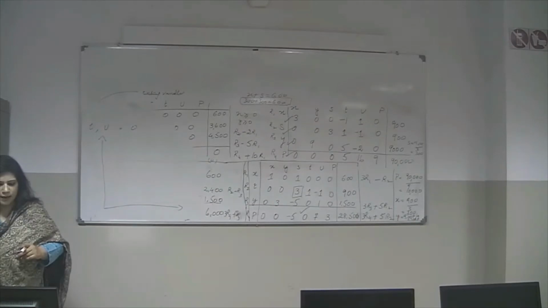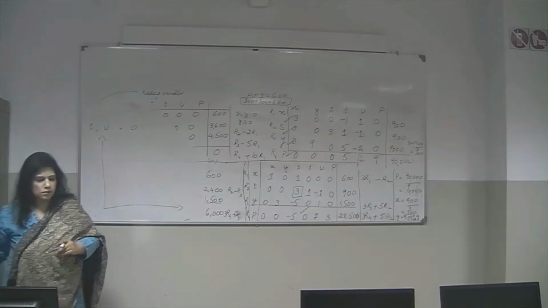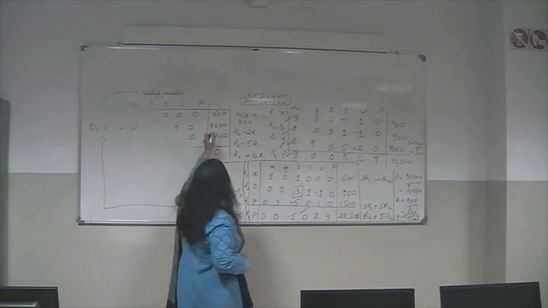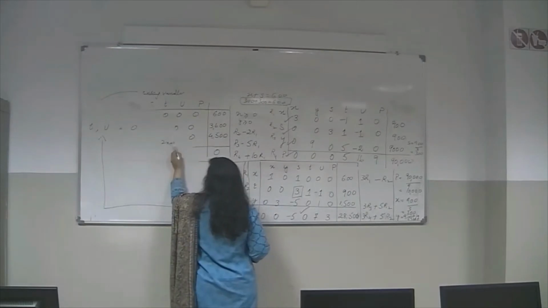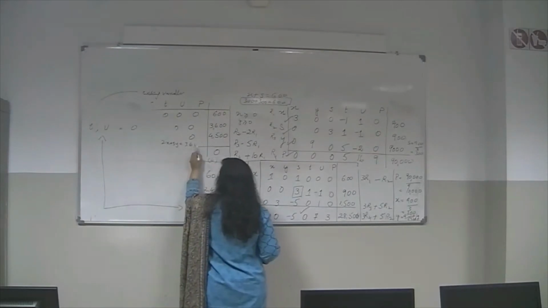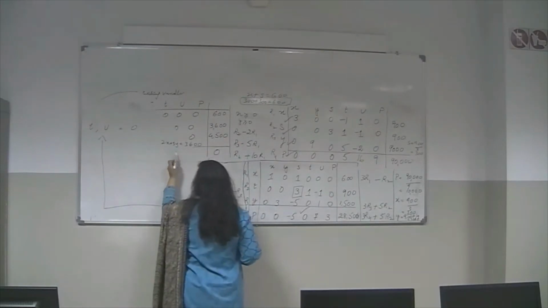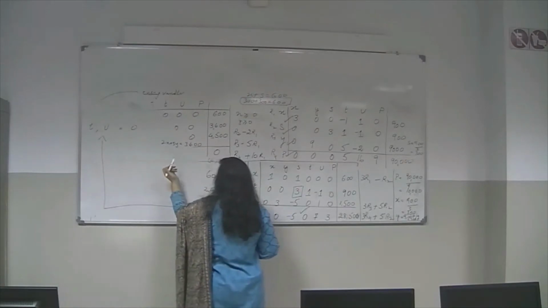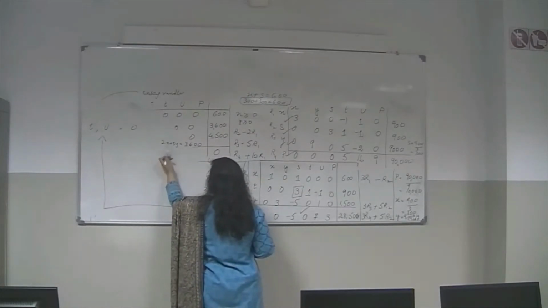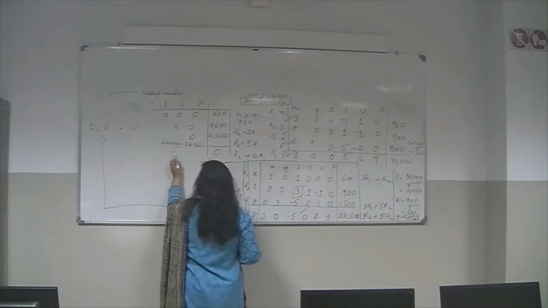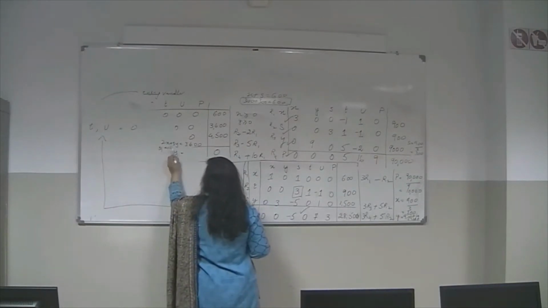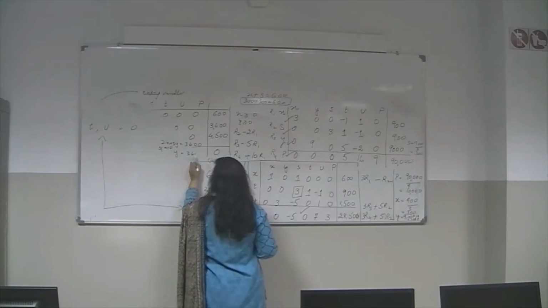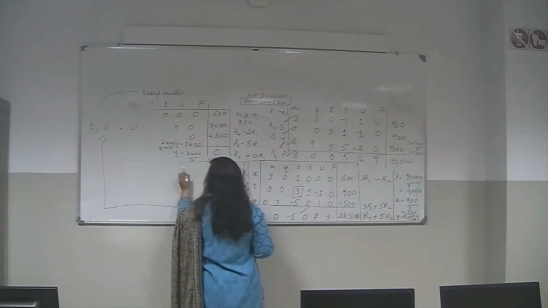The equation in this case was 2x plus 3y is equal to 3,600. So now if you again keep one variable as 0, let's suppose x is 0, then y is equal to 3600 by 3, right?